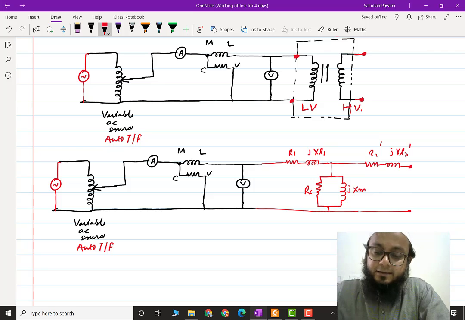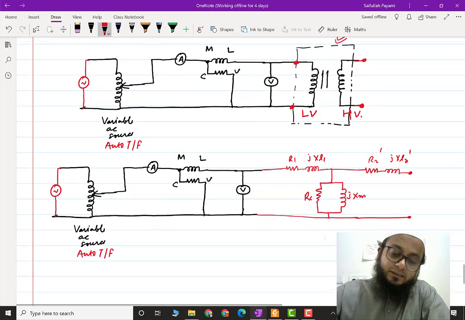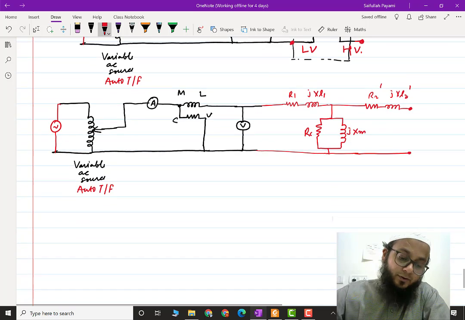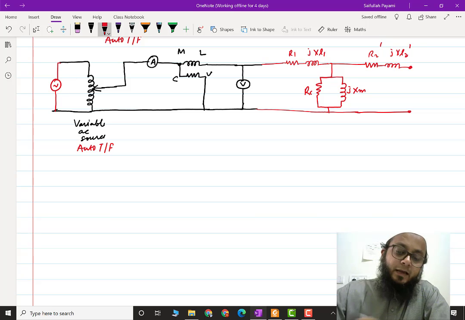Now since at the secondary side we don't have any load connected here, right? So this is just the equivalent circuit diagram of the transformer which we have put into the test. Okay, so what you can see is there is no load connected at the secondary side, and also you can observe that I2 dash is 0.